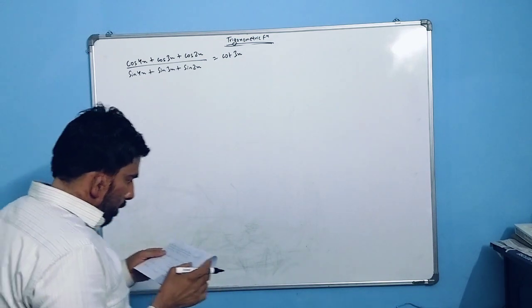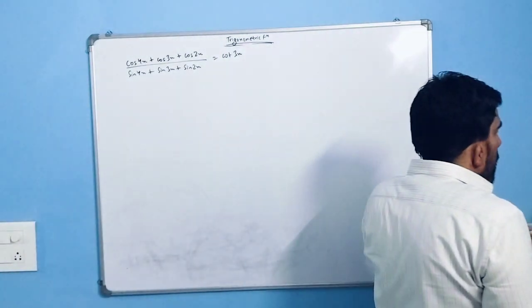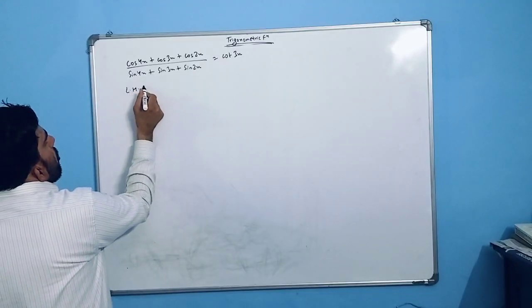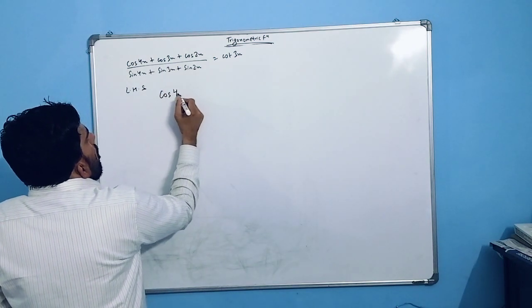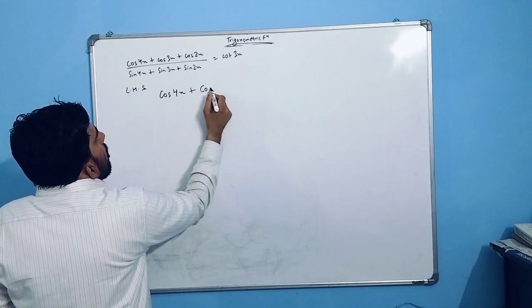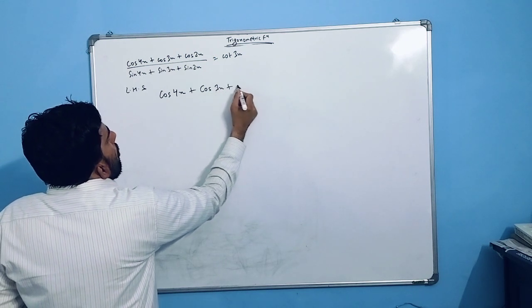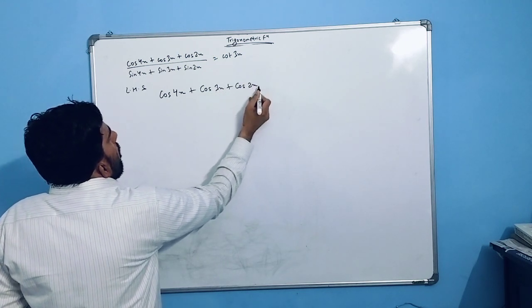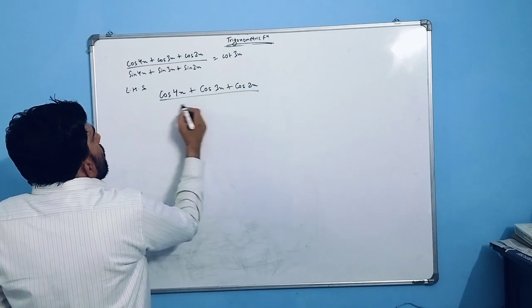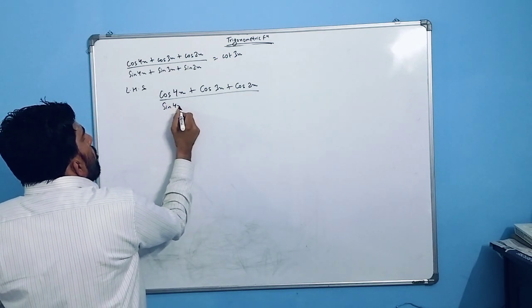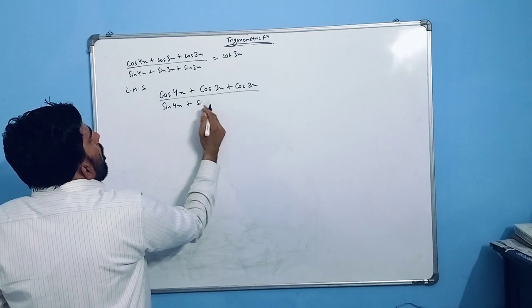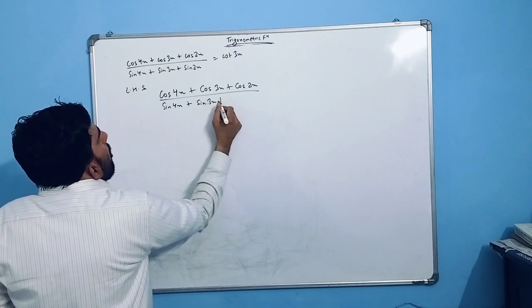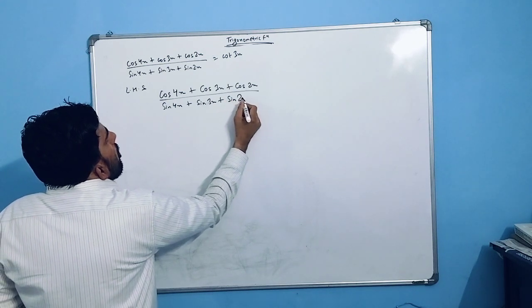So now we'll see how we are able to solve this numerical. Let us take LHS first. What LHS is given: cos 4x plus cos 3x plus cos 2x upon sin 4x plus sin 3x plus sin 2x.